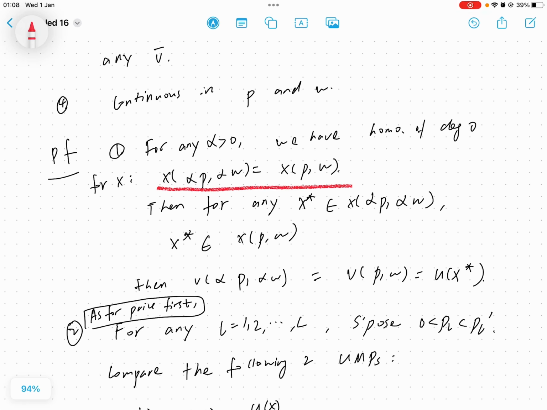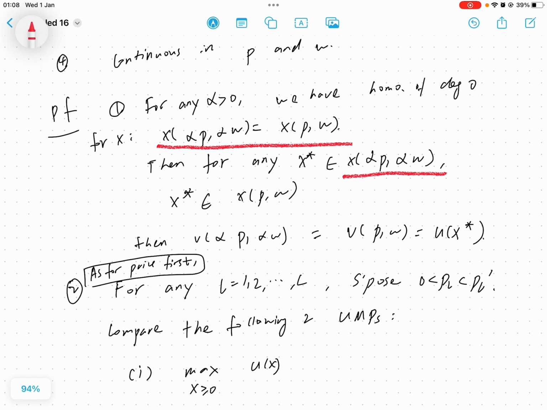So for any x star in the solution set with alpha, it is also true that this x star is in the solution set of x without alpha, as given above.